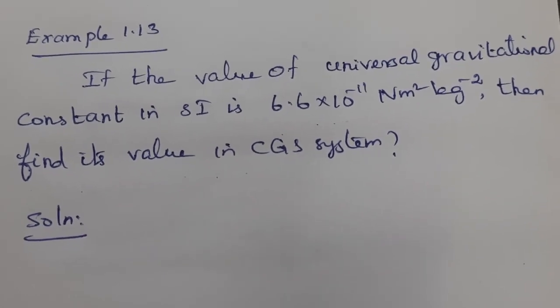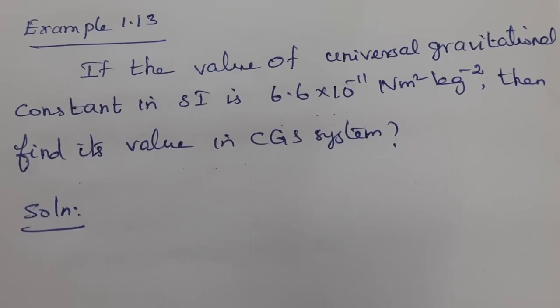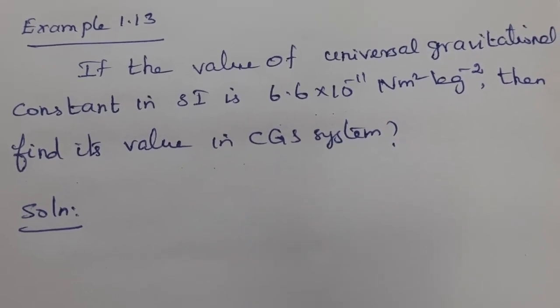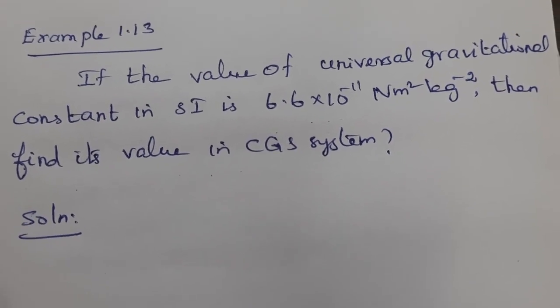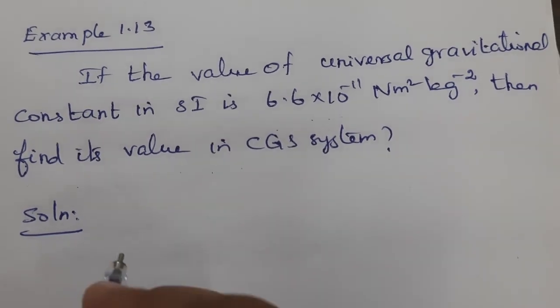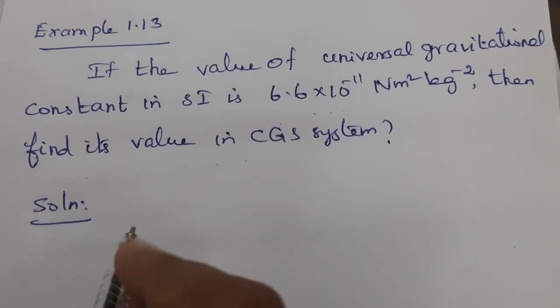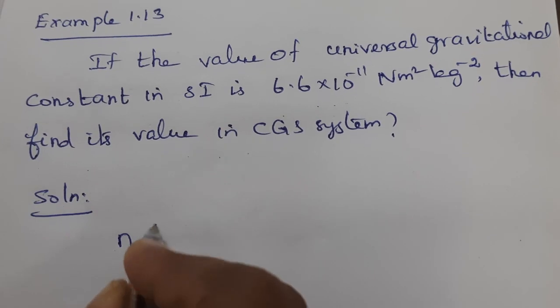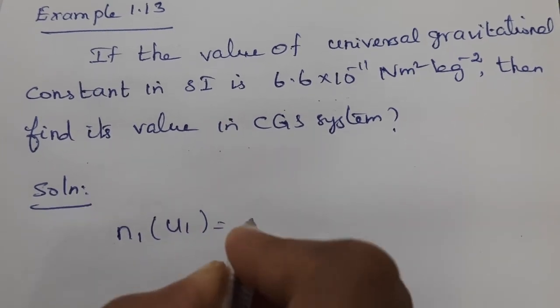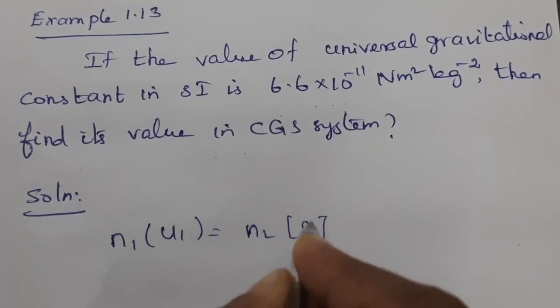This question is based on the first use: convert a physical quantity from one system of units to another. So, solution. What is the formula used here? That is n1 u1 is equal to n2 u2.